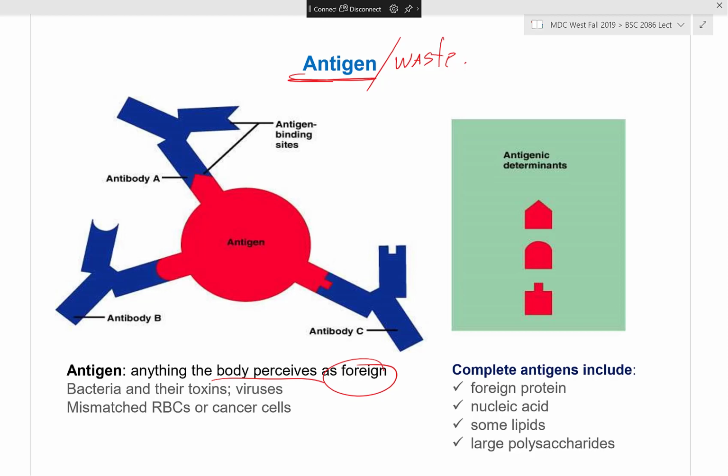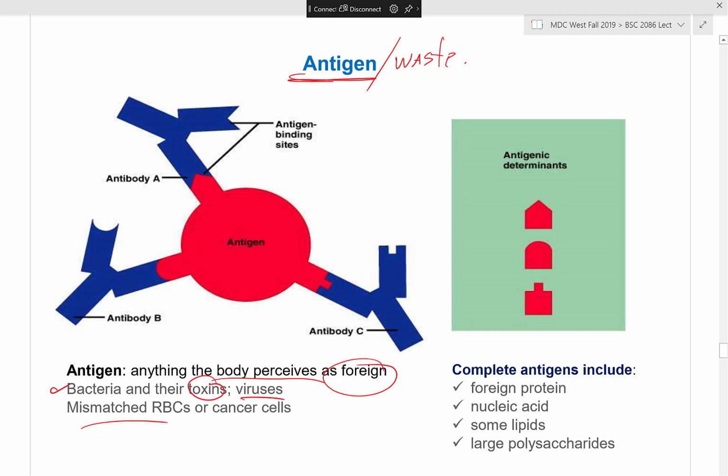Well, it depends what accessory it is, but no. If it's not part of your body, you don't want it inside your cells, right? You don't want it near your cells. So that means either bacteria or even the toxins, viruses, right? Or including a mismatch of red blood cells will be qualified for being what? And you need to do what to the antigens? Destroy them.